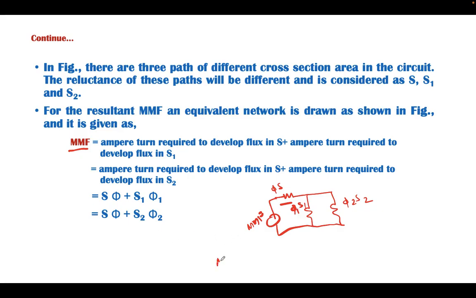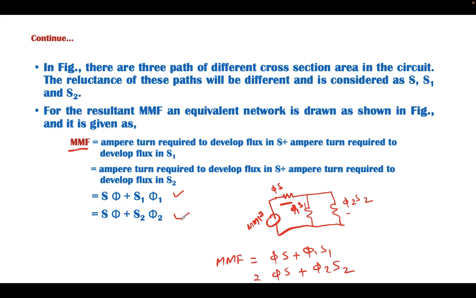Therefore, the total MMF in this circuit is phi S plus phi 1 S1. Similarly, if we consider this path, it becomes equal to phi S plus phi 2 S2, which is defined over here.